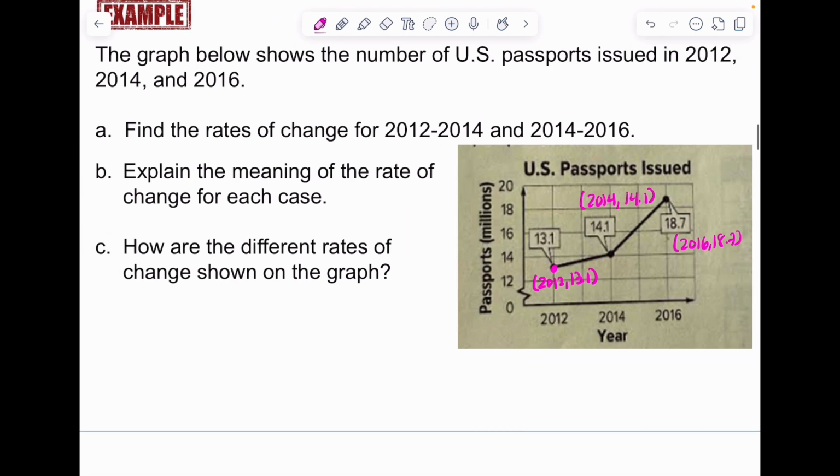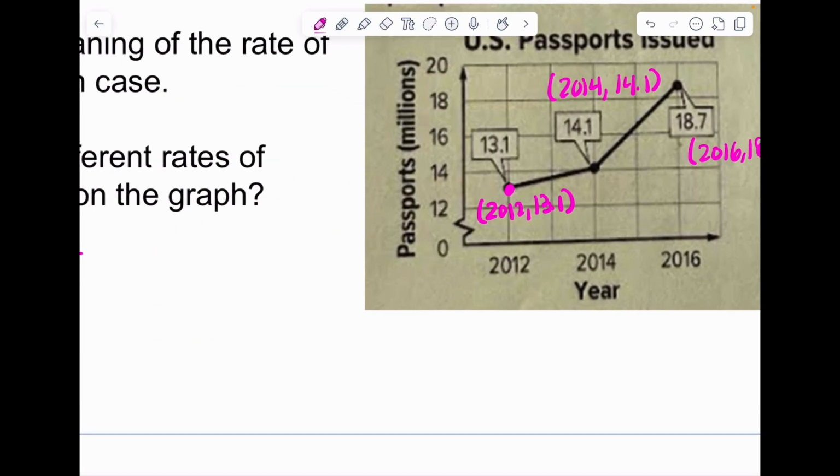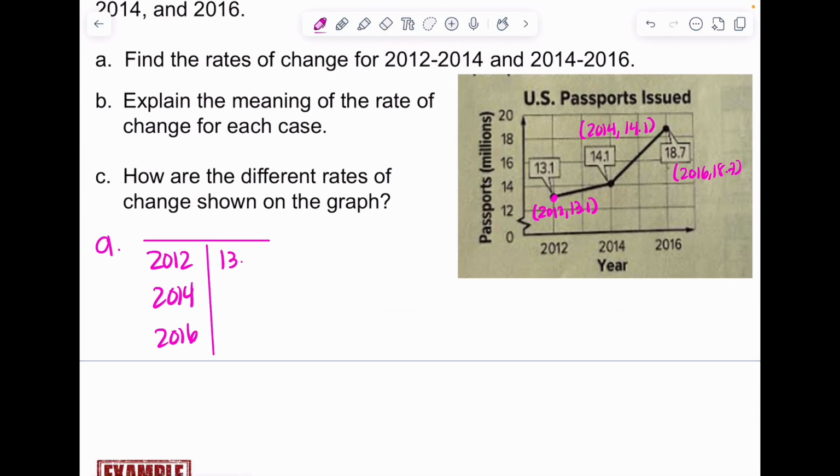So if we think about the rates of change, it's up to you how you want to do this, but I'm going to make a table of those inputs and outputs. So we have 2012, 2014, 2016, and we have 13.1, 14.1, and 18.7.